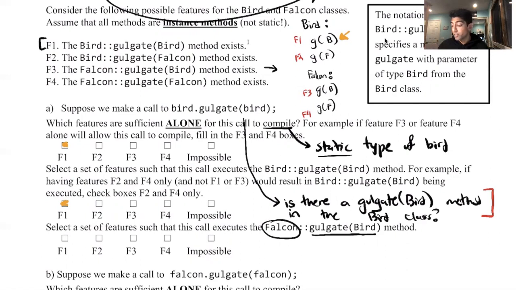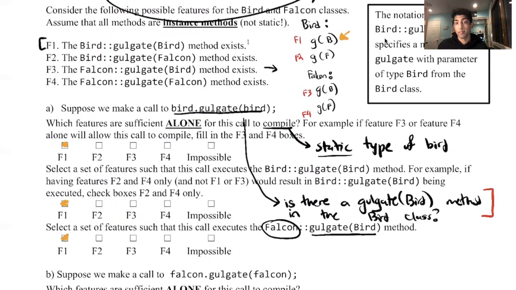Because what we're going to do when we execute bird.gulgate_bird is we will always look in the bird class for a gulgate method that takes in a bird during compile time. We do that every single time. In order for that to work during compile time, f1 must exist.